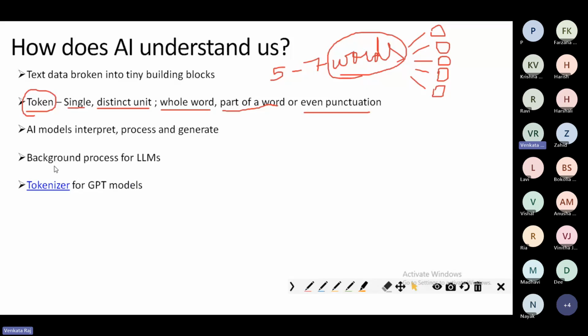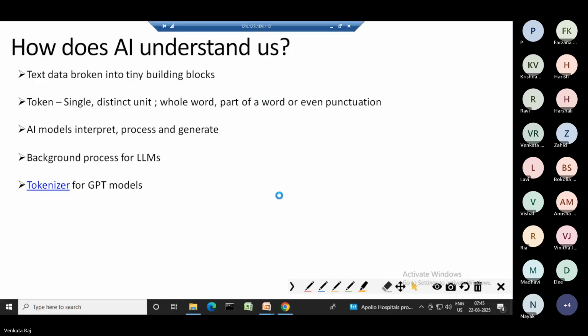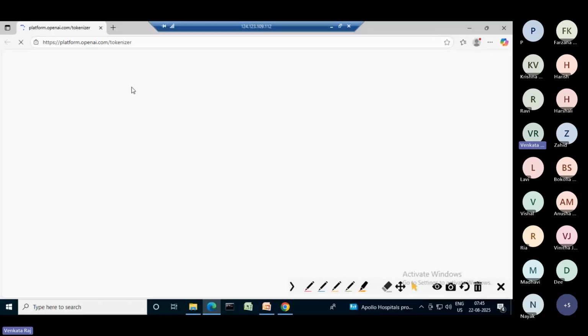So how that tokenization works for GPT models, we'll see that, everyone. Over here, we'll be able to see the tokenizer for the OpenAI platform. Let it open.